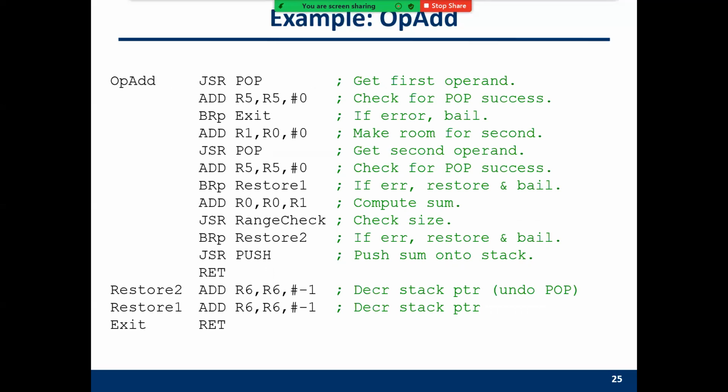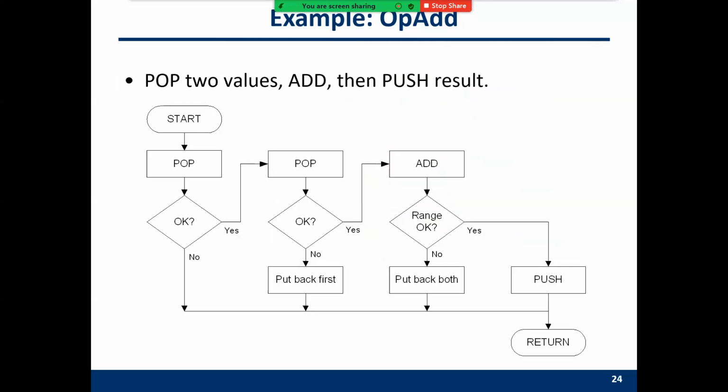So here is the assembly code implemented for a zero address machine. This assembly code is actually used to implement this diagram.